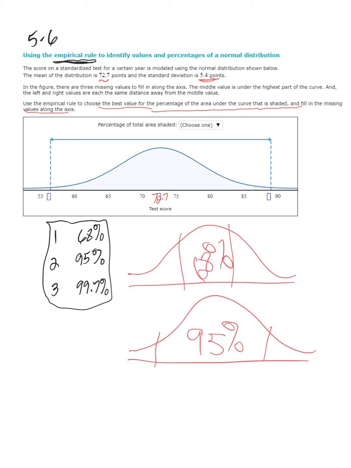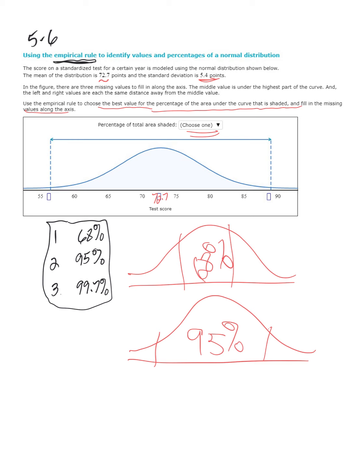But this one, the one we're looking at right now, it looks like it's containing just about everything. So that's 99.7%. You're going to have a little scroll down menu there that you're going to pick the right one. So what you've got to recognize is, okay, that's about 99.7% of the population.